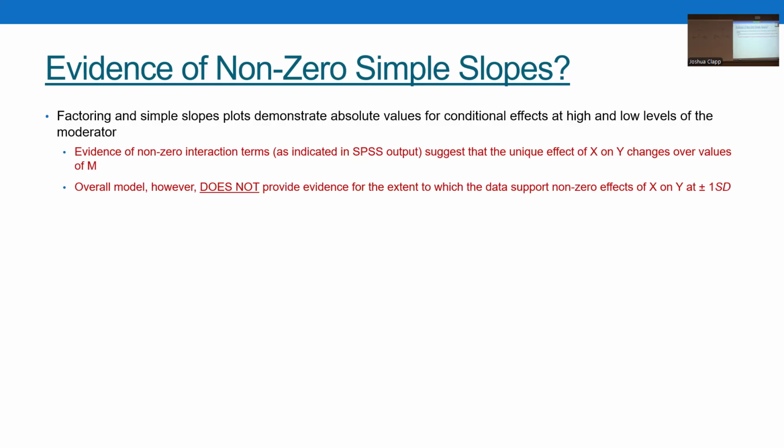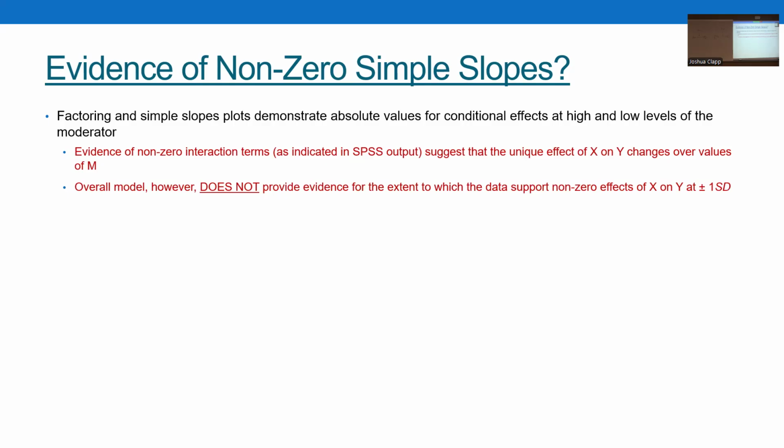We kind of skipped over that, but when you're looking at your output, what you want to look at is the test of that interaction term. And if that interaction term is significant, you have evidence that yes, the unique effect of X on Y is changing across levels of my moderator, okay?